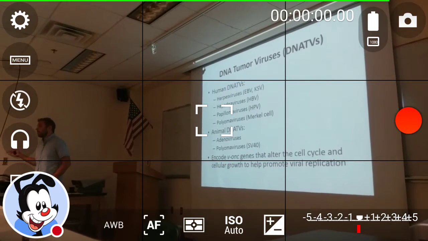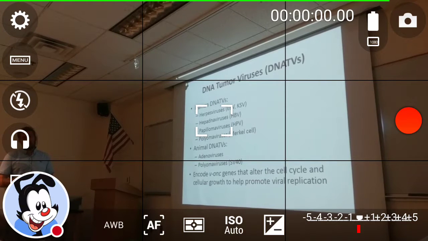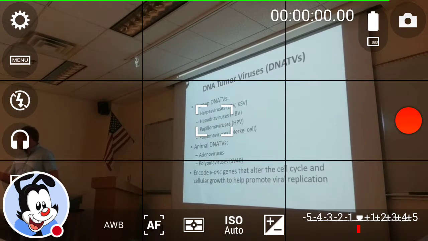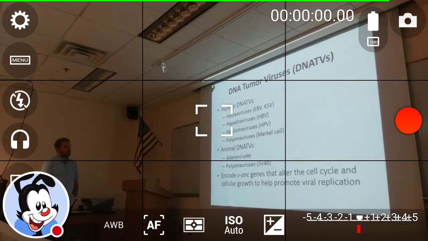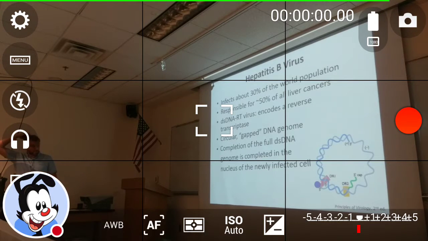Sometimes they do integrate, but it's kind of a flip argument, right? So these typically have oncogenes that might also integrate and then cause issues that way. Again, the rule is that these make viral oncogenes that will alter the cell cycle. The reason they do that is so that they can promote their own viral life cycle, and as a side effect, that is why they cause disease eventually.